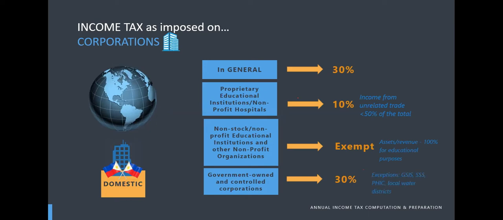Exceptions are the GSIS, SSS, PhilHealth, and local water districts. Before the TRAIN law, PAGCOR and PCSO were among the exceptions. However, upon the release of TRAIN, PAGCOR and PCSO were no longer on the list of the exceptions of government-owned and controlled corporations that should be exempt from the imposition of tax.